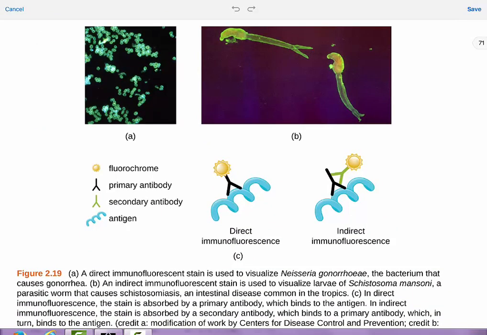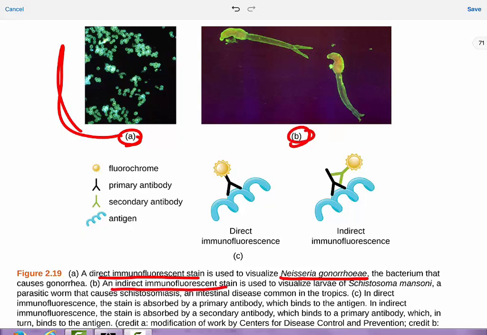In A here, we can see the Neisseria gonorrhea bacterium that causes gonorrhea, a direct immunofluorescent stain. That's what this looks like after being stained in this way. And then B here is an indirect immunofluorescence stain used to visualize this larva, the Schistosoma mansoni.